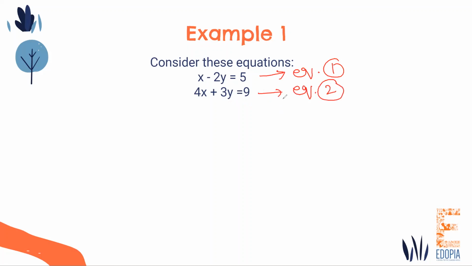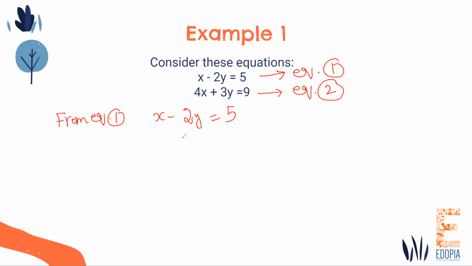Now from equation 1, which is x minus 2y equals 5, I can write x in terms of y.